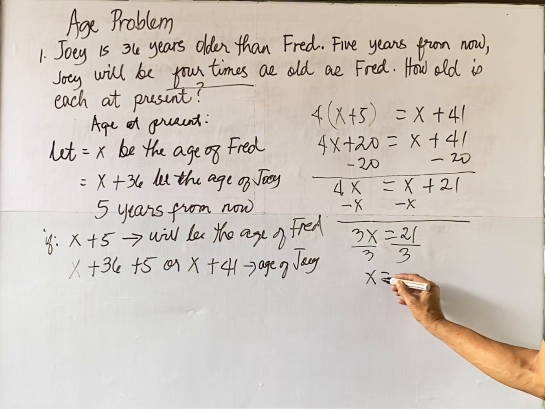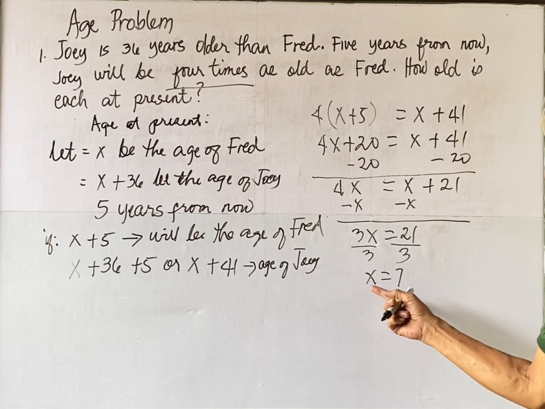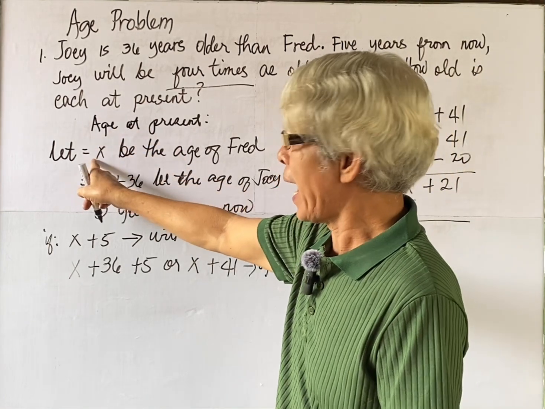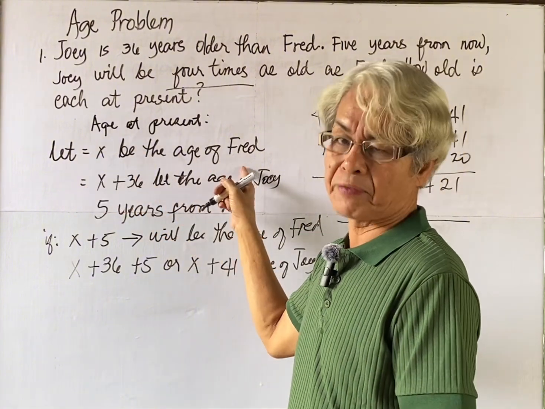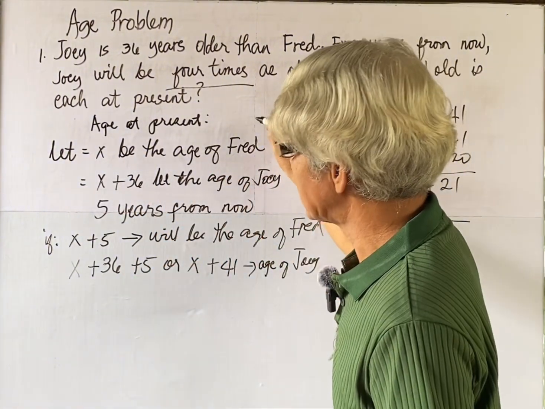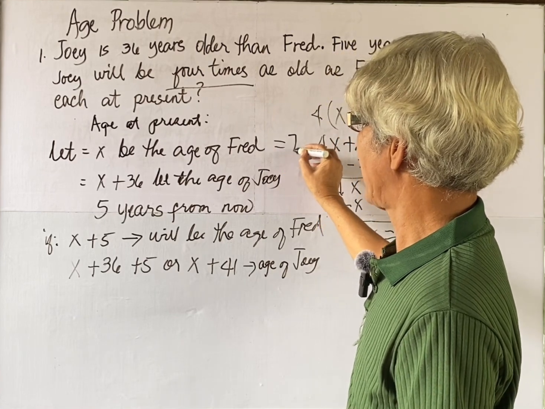Therefore, x equals 7. And whose age is x? X is the age of Fred. Therefore, we now have the age of Fred, and that is 7.